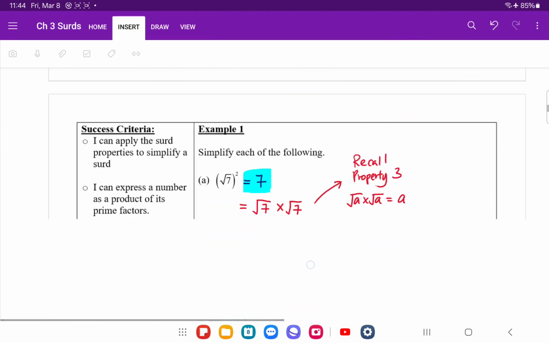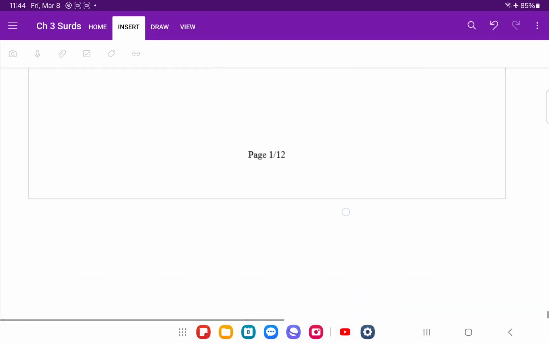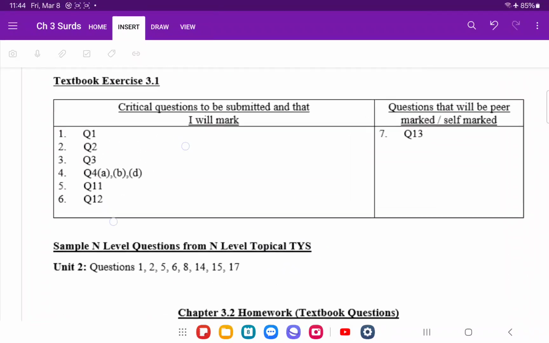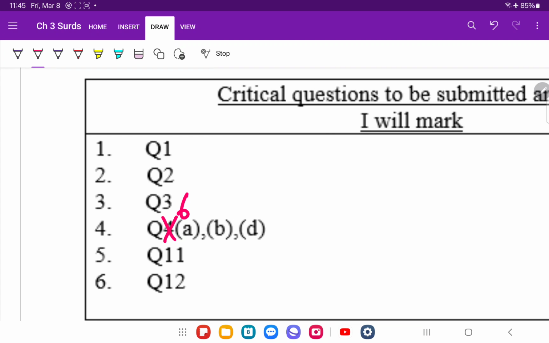There is a typo for one of the questions. I printed it wrongly. Can you change this question to question 6A, B, and D? Not question 4, it's question 6, because question 4 doesn't have those parts. That's the only mistake.